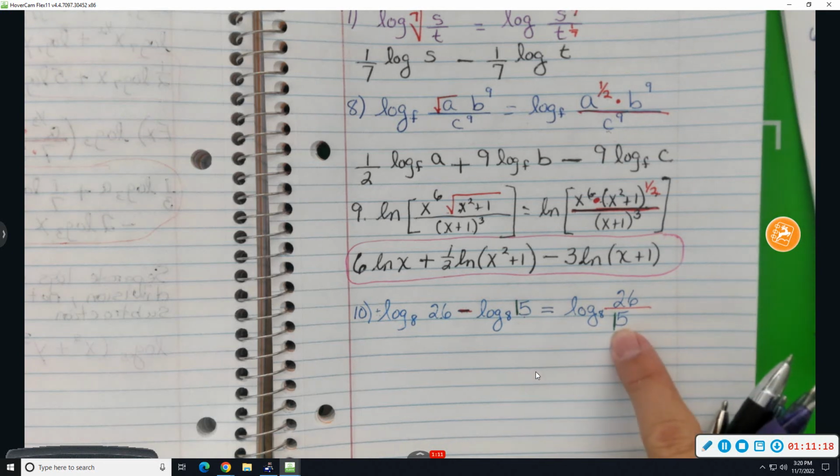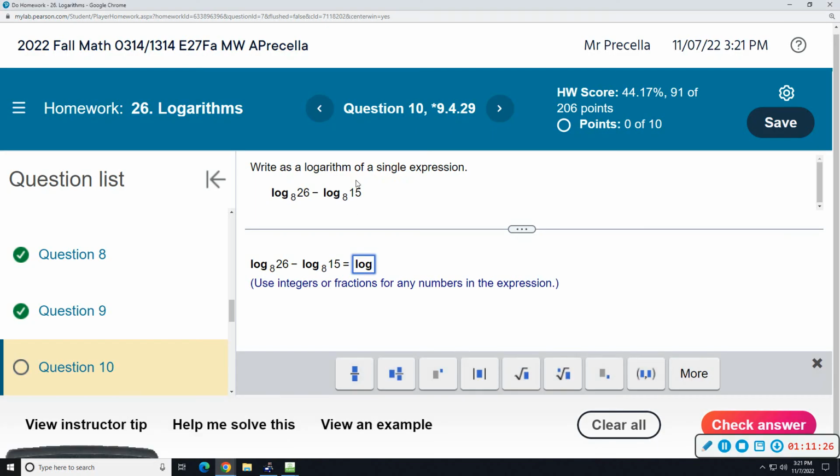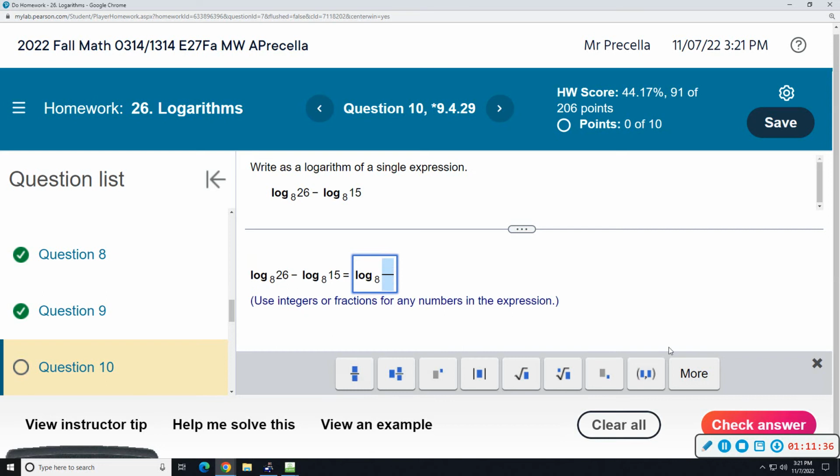So it's log base 8 of 26 over 15. Okay. Log base 8, right arrow, I'll do it like that, 26, oh, no, I wrote 16, 26 over 15.